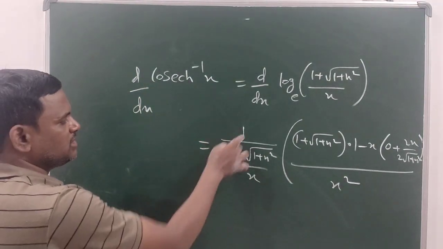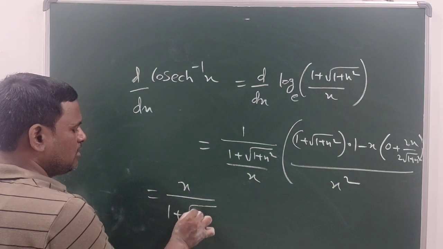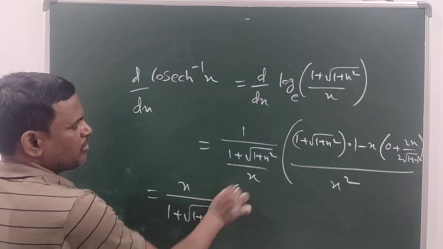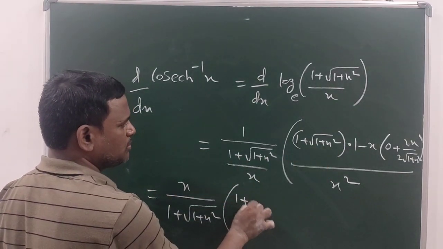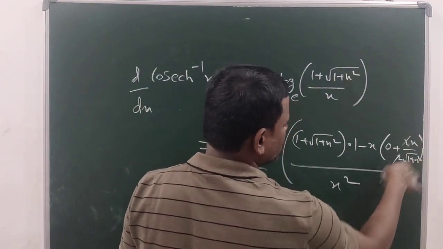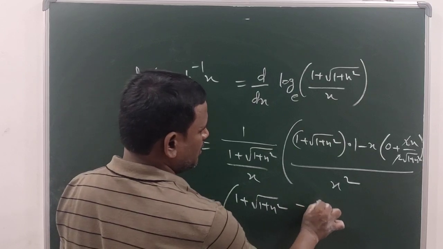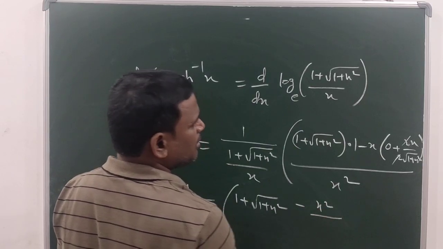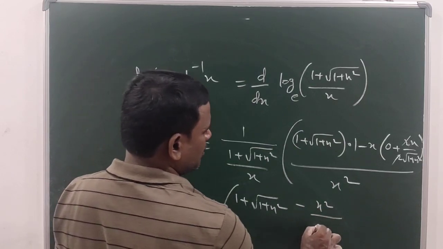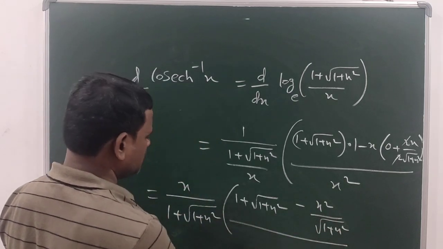Okay, now simplify. This x will go into the numerator. X by 1 plus x square. Now simplify this: 1 plus root of 1 plus x square, and here 2 cancel. So what do you get? X square by root 1 plus x square whole by x square.